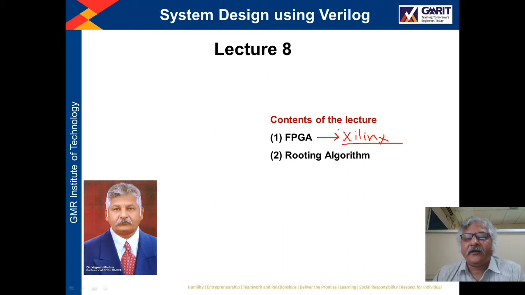Xilinx is still the market leader in terms of FPGA. Other companies like Altera and Atmel are also manufacturing FPGAs, but Xilinx is the market leader. So in this lecture we will discuss the internal architecture of the FPGA and the routing algorithm. Routing algorithm means how signals are routed from one place to another.